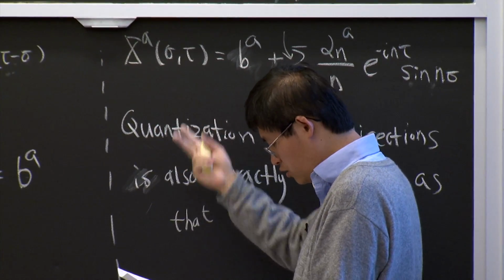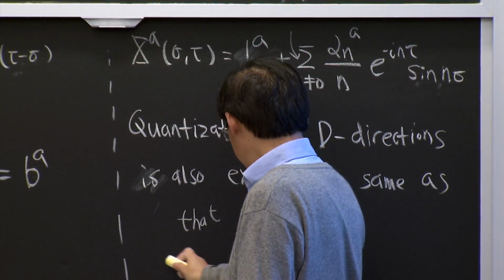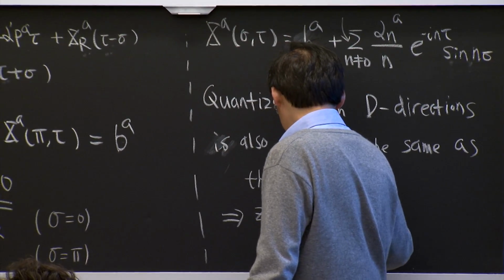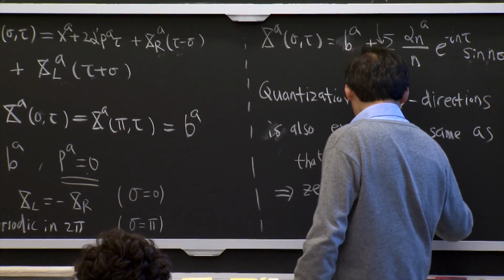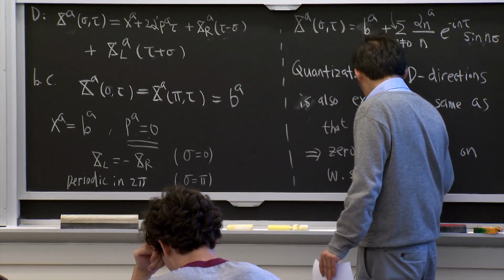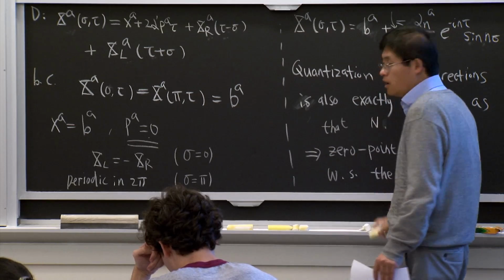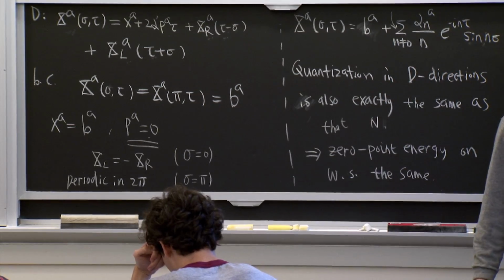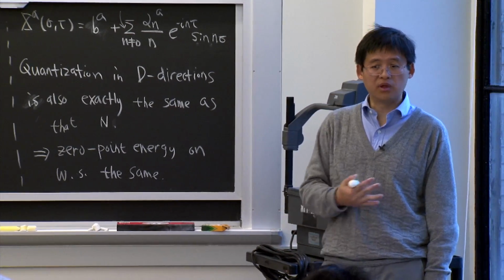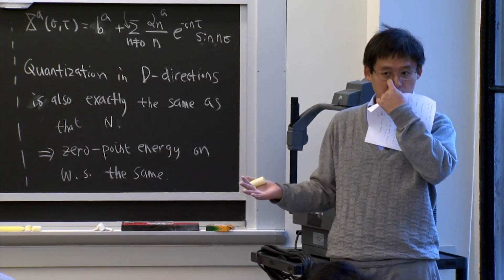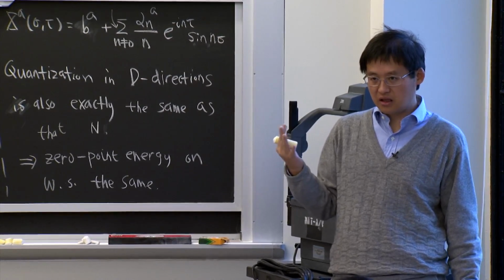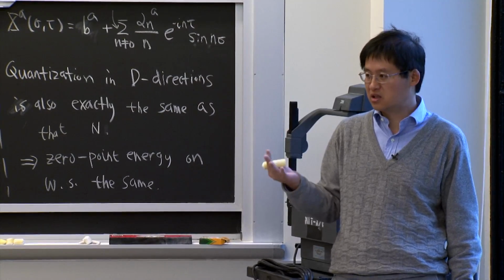In particular, the zero-point energy on the worldsheet is the same. So this means that the mass formula we derived before for the Neumann boundary condition will exactly apply without any change. In particular, the massless or massive spectrum will also be essentially exactly the same as before.